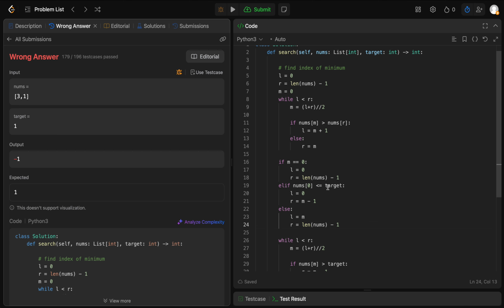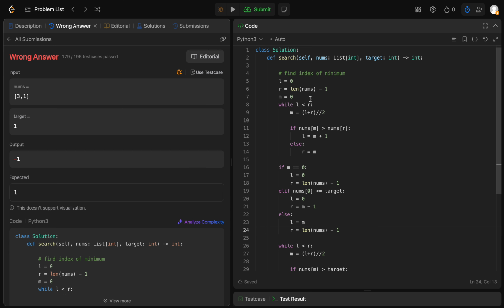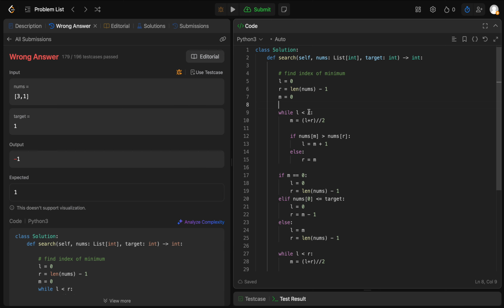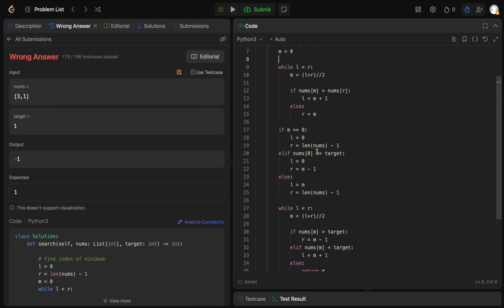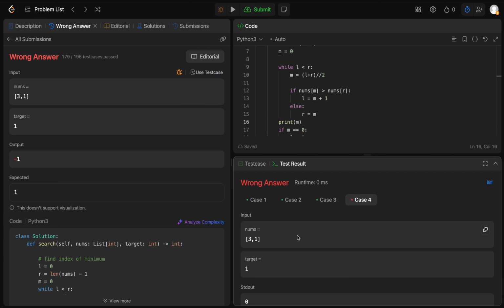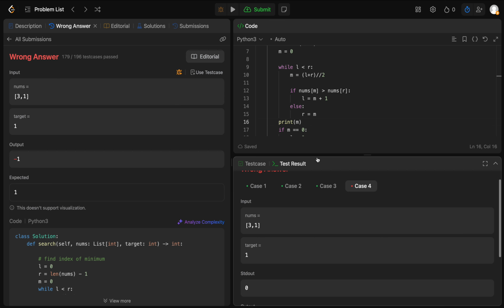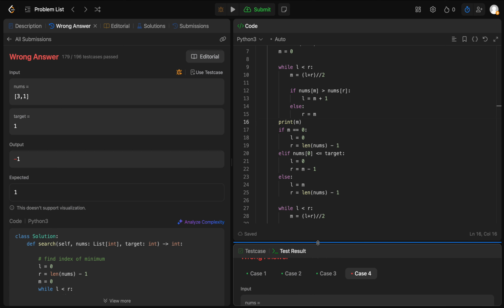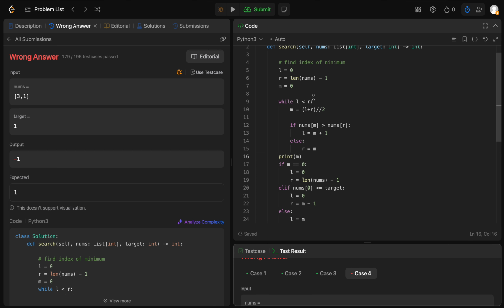So I had 3 and 1. I found, I guess. Did I find them? Print them. Did I find them here? I actually did not find M. So M was 0. Right was 1. Left was 0, right was 1, M was 0.